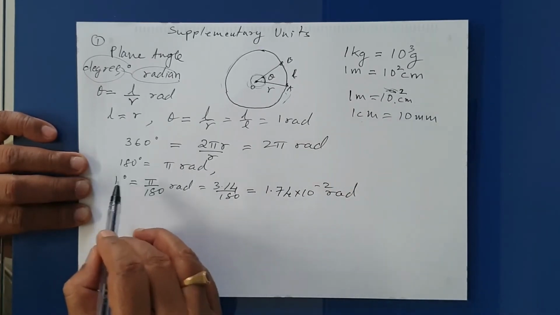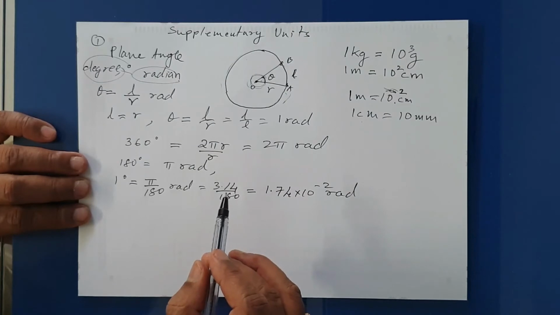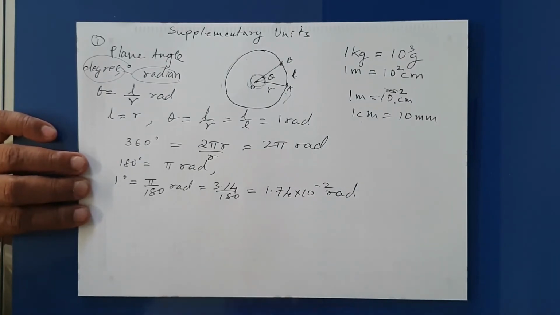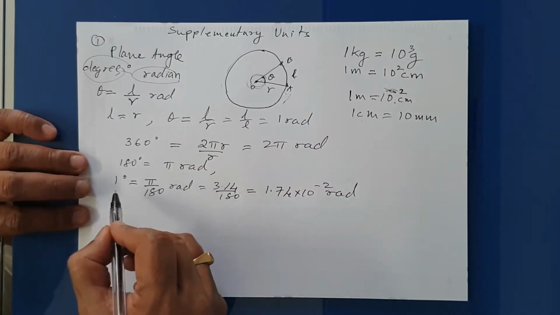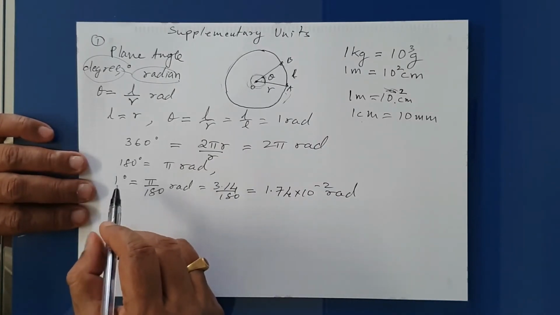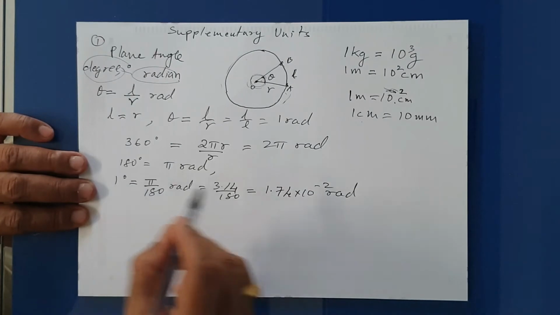Similarly, 1 degree is equal to 60 minutes and 1 minute is equal to 60 seconds. So let us find the relation between minute and radian.